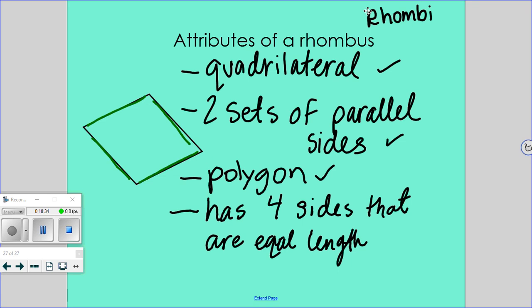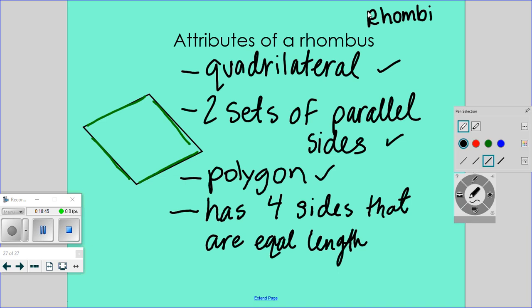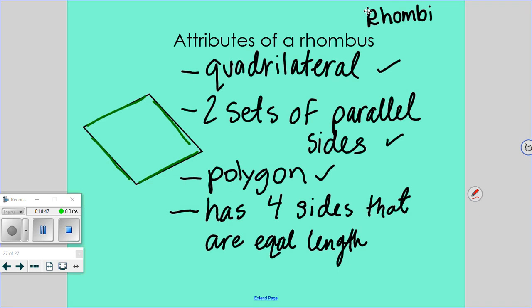Nope. We're talking about opposite sides. Parallel sides are always opposite. So this is opposite of this. Those are parallel. Okay? Don't get tricked by a shape being sideways.